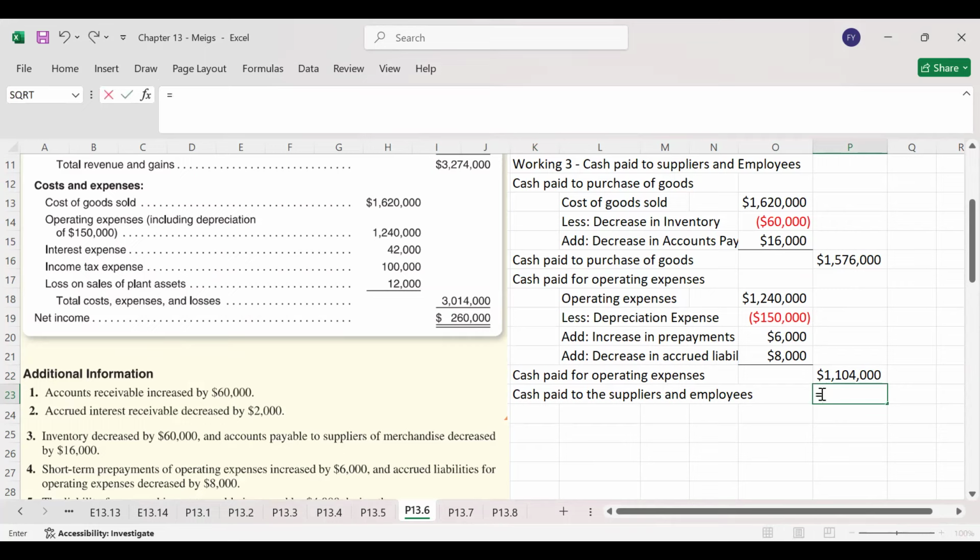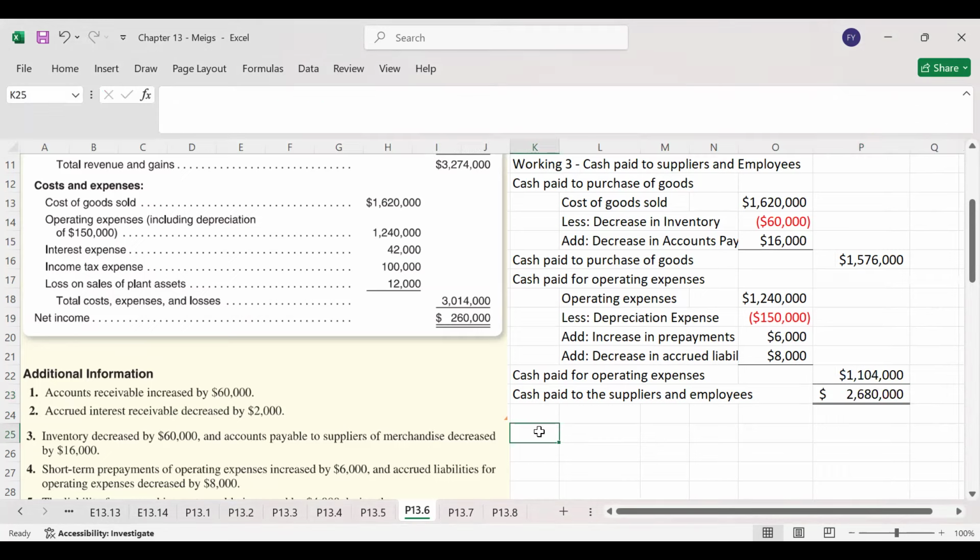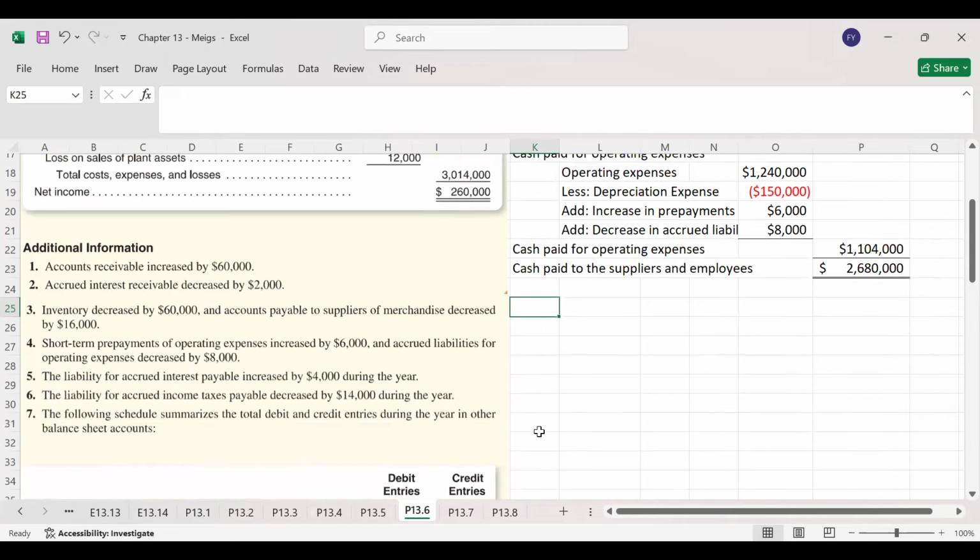So we have 1,576, then we have 1,104,000. So here we have this amount, which is $2.68 million, and this is your total cash paid to the suppliers and employees. So this is our third working.